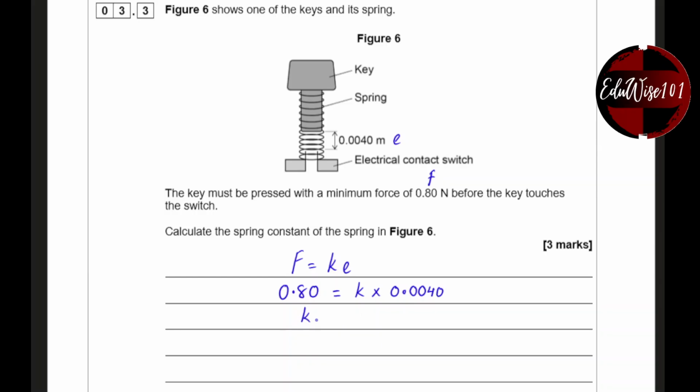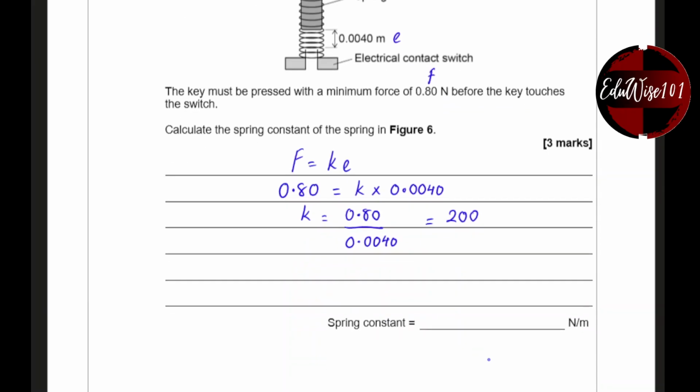Rearranging the equation, spring constant equals 0.80 divided by 0.0040. That gives me an answer of 200 Newton per meter.